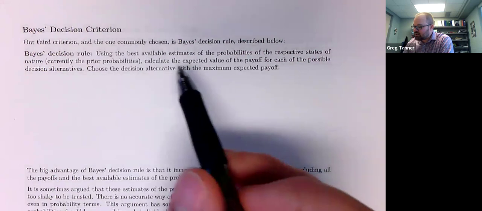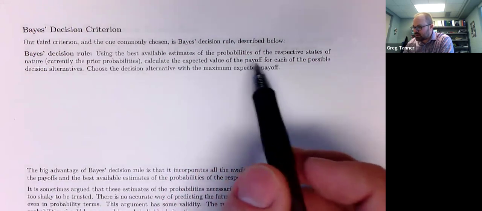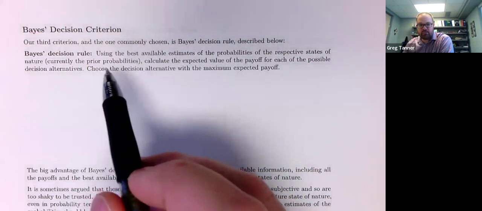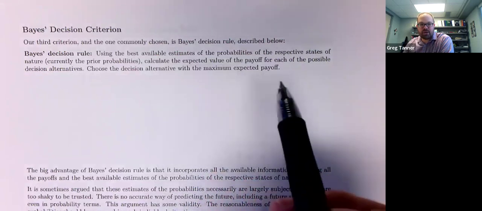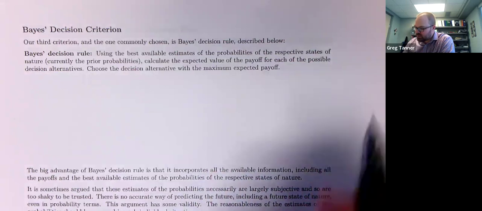And the idea is that we need to use the best available estimates of the probabilities. Those are the prior probabilities. And we want to calculate the expected value for each possible decision alternative. Okay.